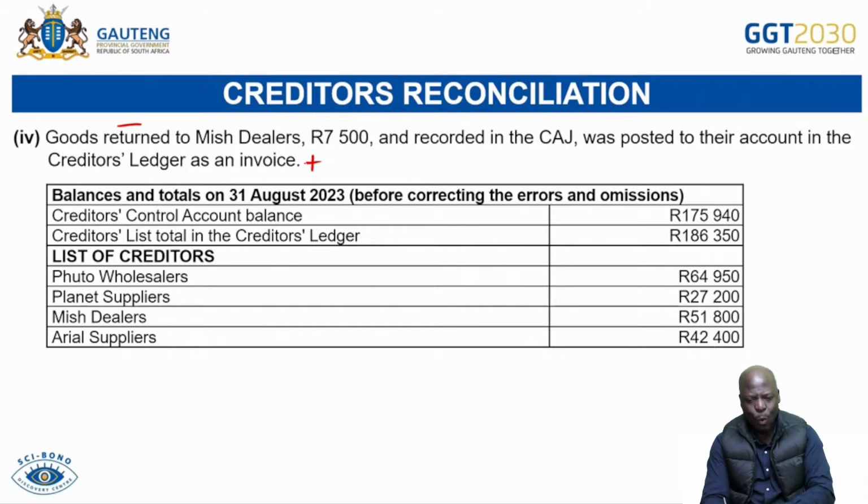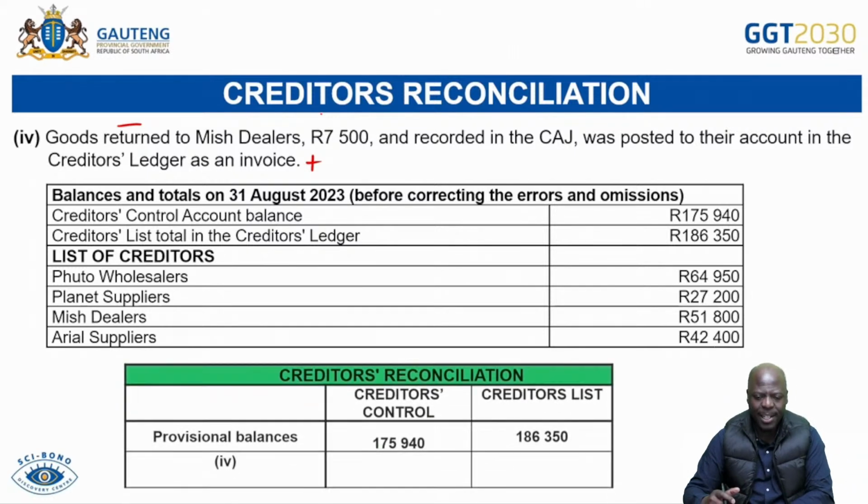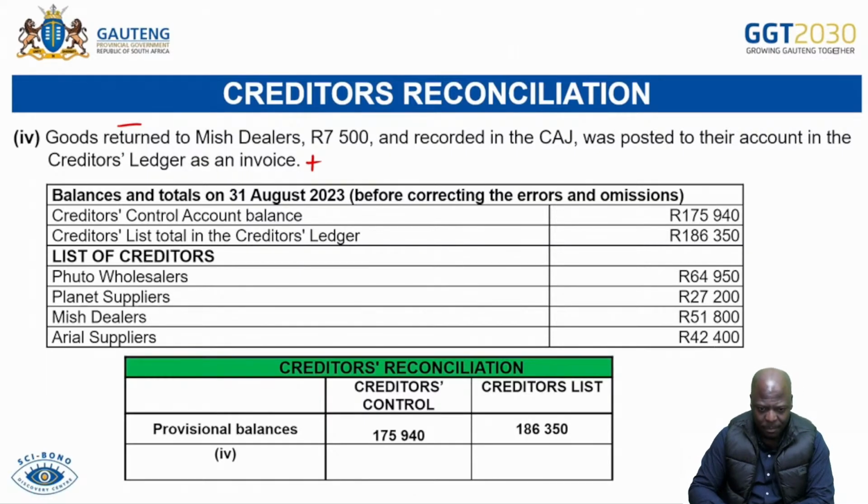But let's see so that we know whether we bring it to the control or to the list. Goods returned to Mish. So Mish is in the creditors list and recorded in the CAJ. So this was recorded in the CAJ and posted to the account in the creditors ledger. So the posting was erroneously done as an invoice.